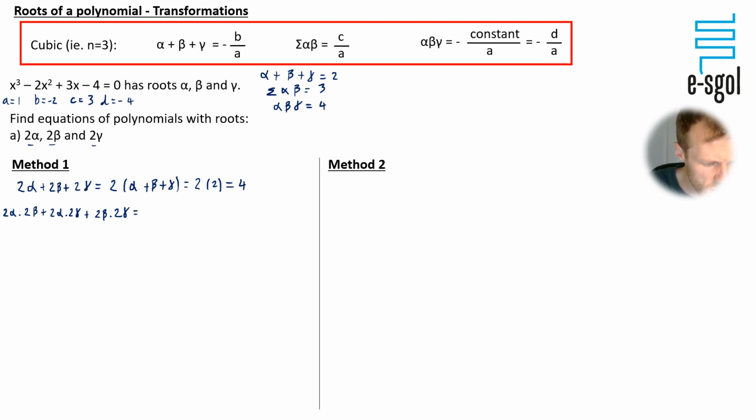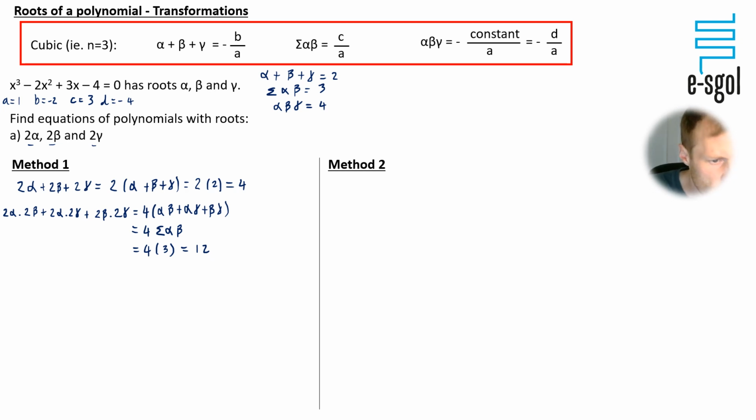Well, I can see here I'm going to get 4, because each one has a 2 times 2 in it, and then from the first bit is alpha beta, from the next bit is alpha gamma, and then the next bit is beta gamma. So that is 4 times the sum of alpha beta, and the sum of alpha beta is 3. So now we know that bit is 12.